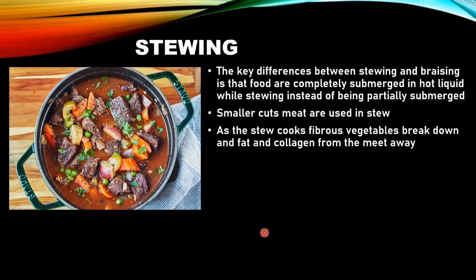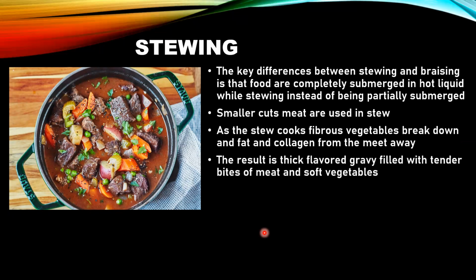As the stew cooks, fibers and vegetables break down, and fats and collagen from the meats are released. The result is a thick flavored gravy filled with tender bites of meat and soft vegetables.